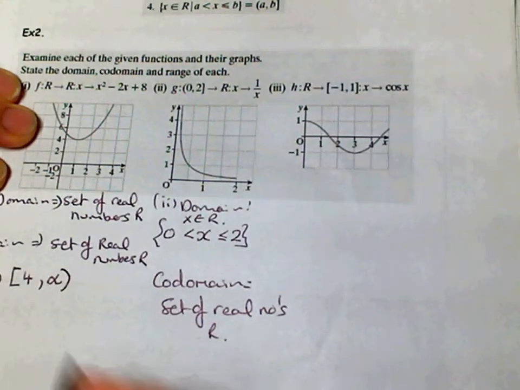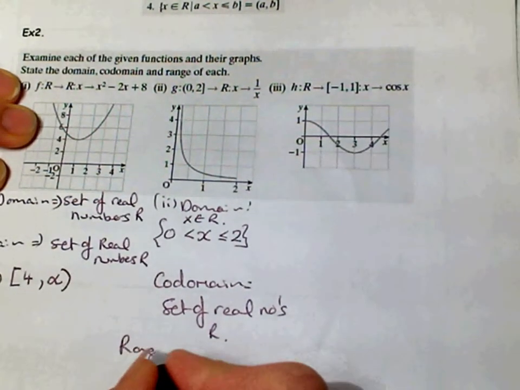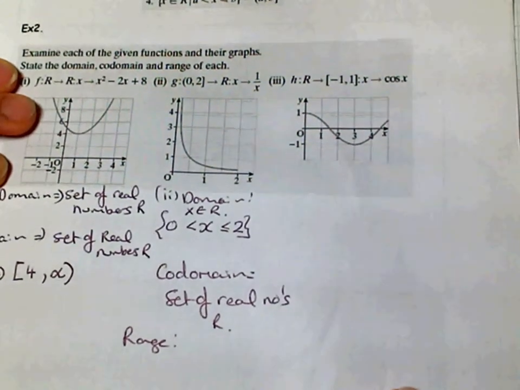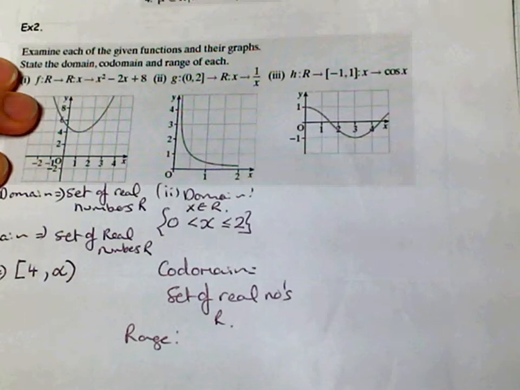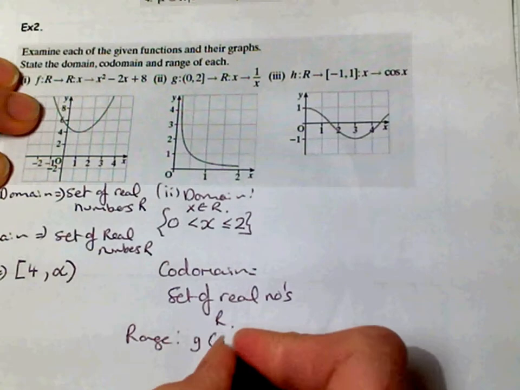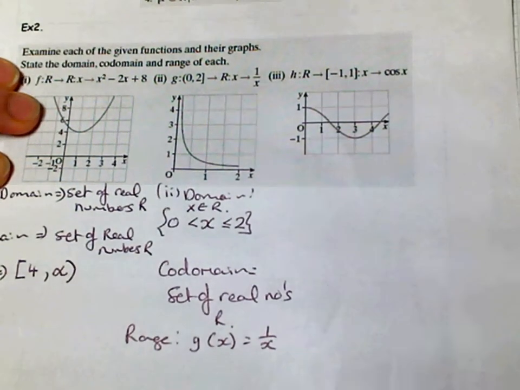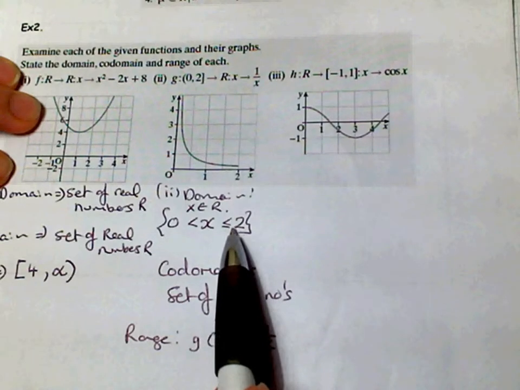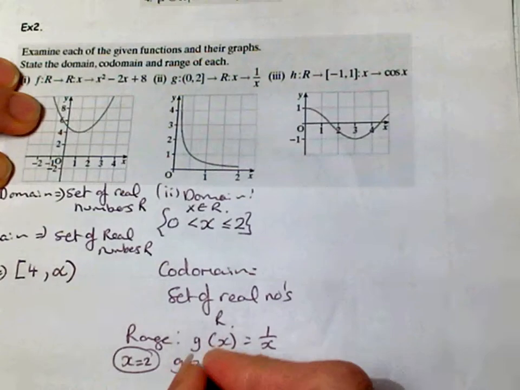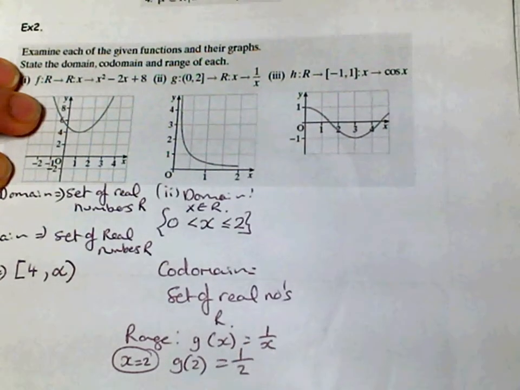Now to find the range, you're going to have to use your output. You know that g of x is equal to 1 over x, and you know that one of your input values is definitely 2. So x is equal to 2, or g of 2, which is 1/2.